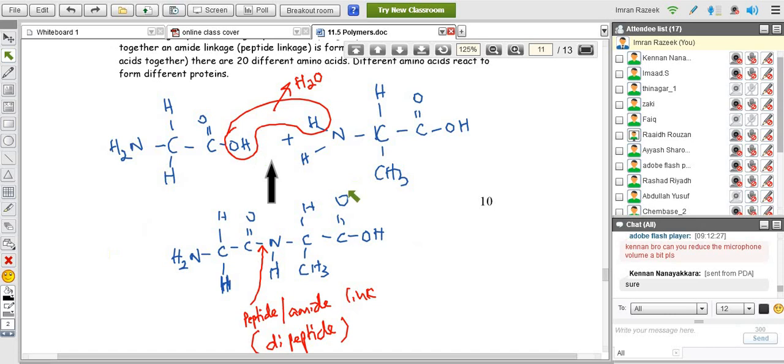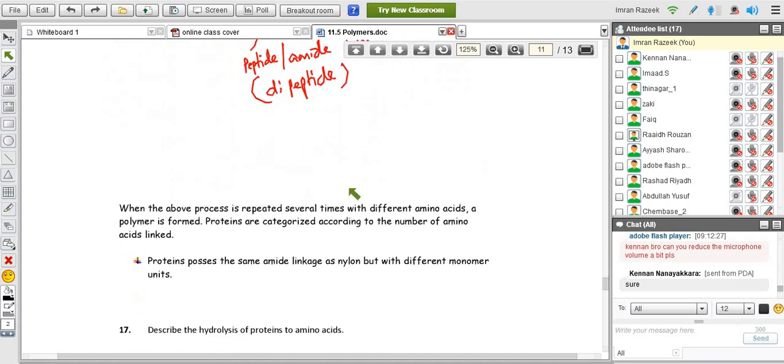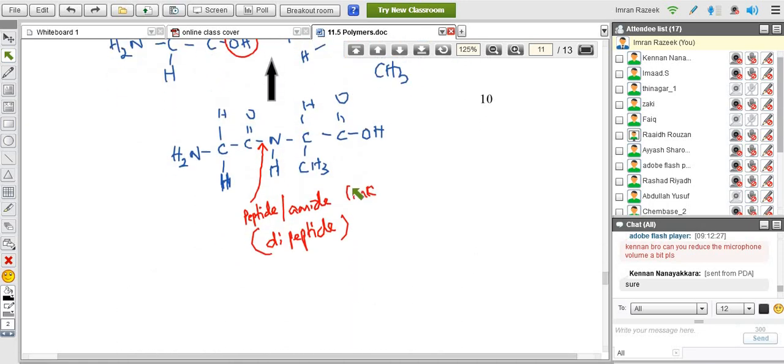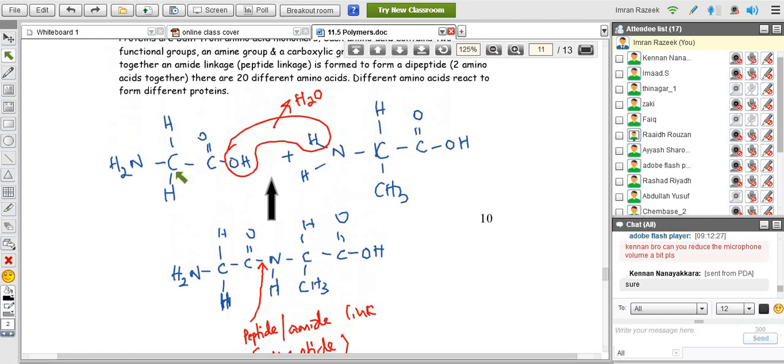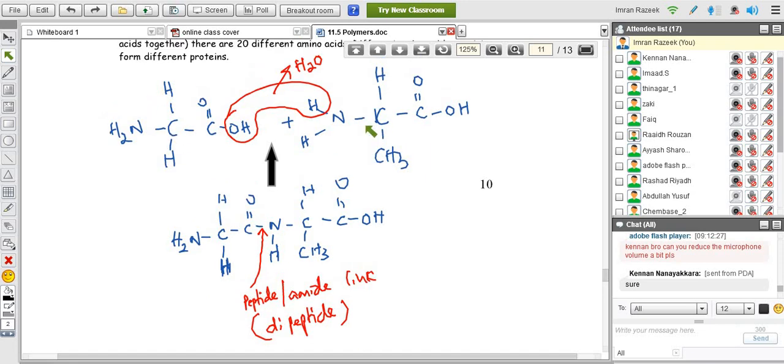So you can break down the protein into the corresponding amino acids. You can copy this diagram again on the next question. First copy the amide, put an arrow down, and below that copy these amino acids.